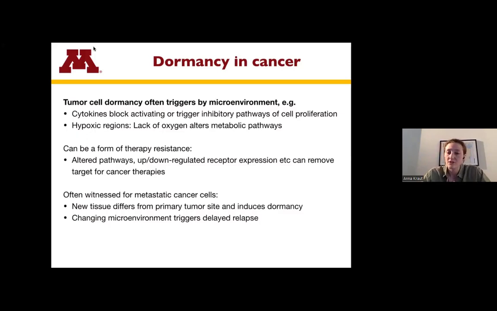And this can initially induce dormant states in the cancer cells, where these new tissues are not the environment that these cells are adapted to. But then if there is a change in the microenvironment, and these changes can have various causes, a change in nutrition or whatever, this can then later on trigger a delayed relapse of the tumor when these dormant metastatic cells get reactivated.